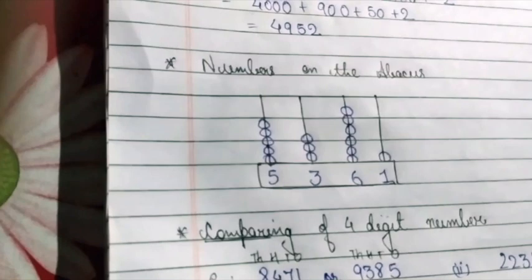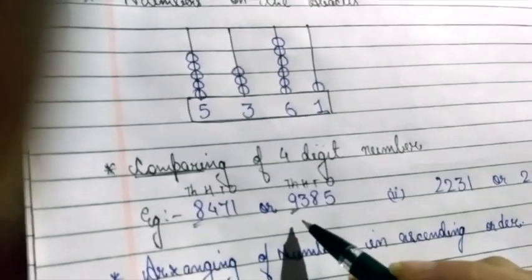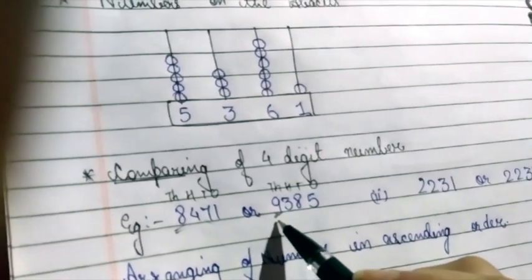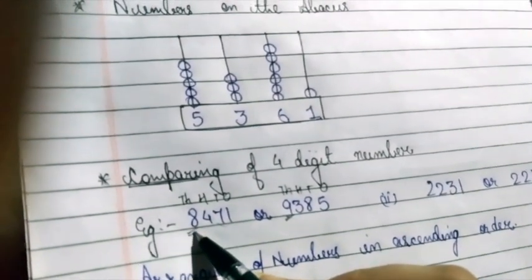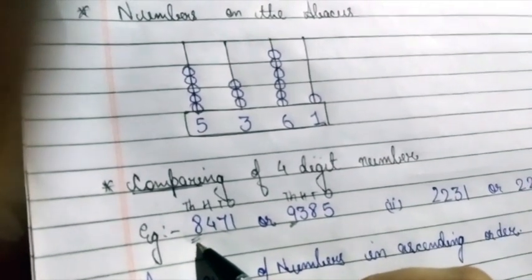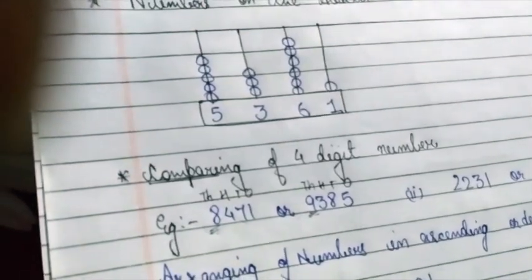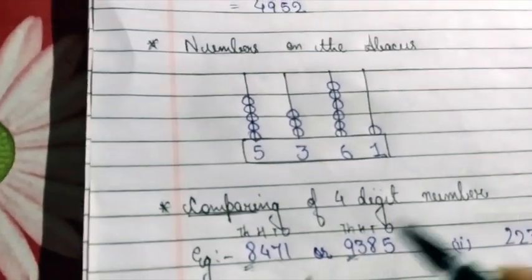So first we will look into 8 and 9, the numbers in the thousand place. In the number 8471, 8 is the number that comes in the thousands place. And in the number 9385, 9 is the number that comes in the thousands place, right?